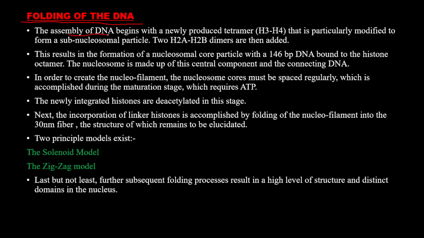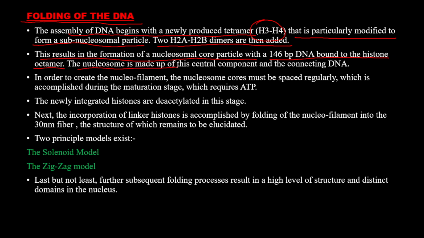The assembly of nucleosomes begins with a newly produced tetramer, H3-H4, which is particularly modified to form a subnucleosomal particle. The two H2A-H2B dimers are then added. This results in the formation of a nucleosomal core particle with 146 base pairs of DNA bound to the histone octamer.